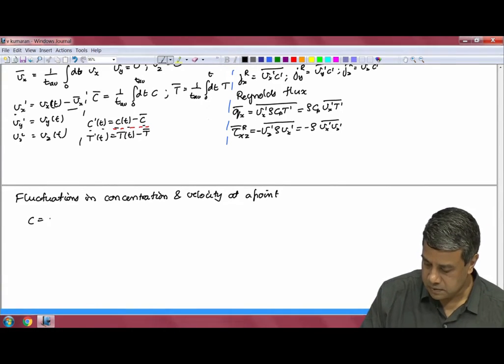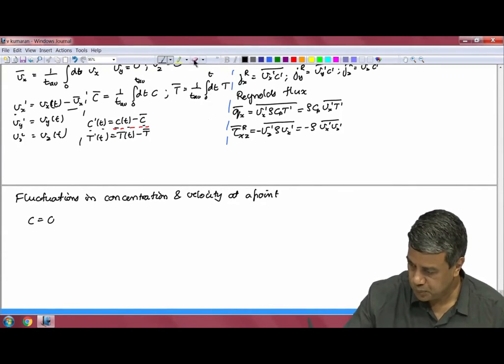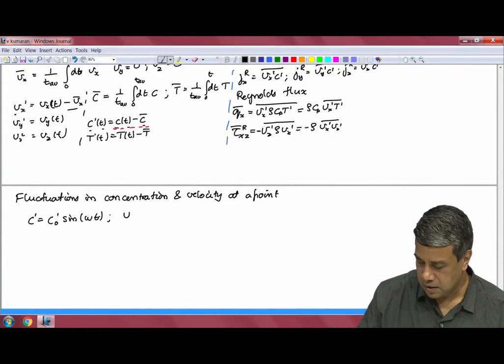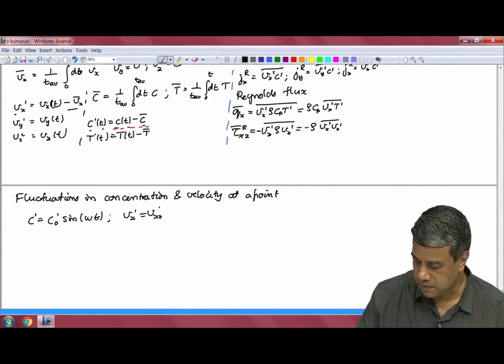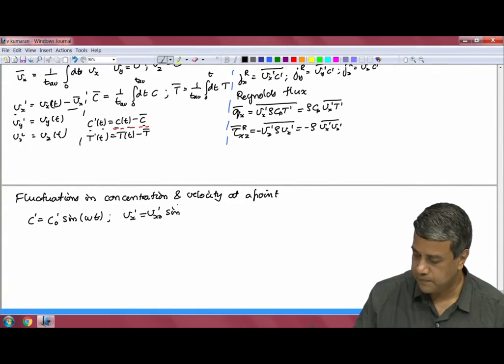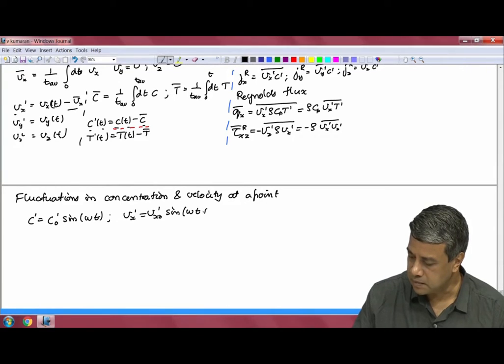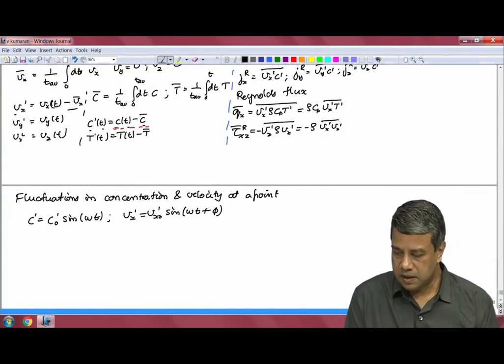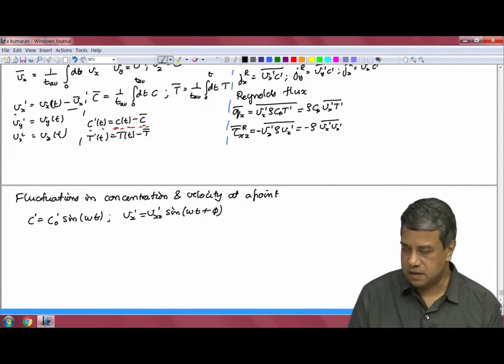C is equal to the fluctuating concentration C0 prime sine of omega t, and the velocity Vx prime is equal to Vx0 prime sine of omega t plus some phase angle phi, where t is the time and omega is the frequency.